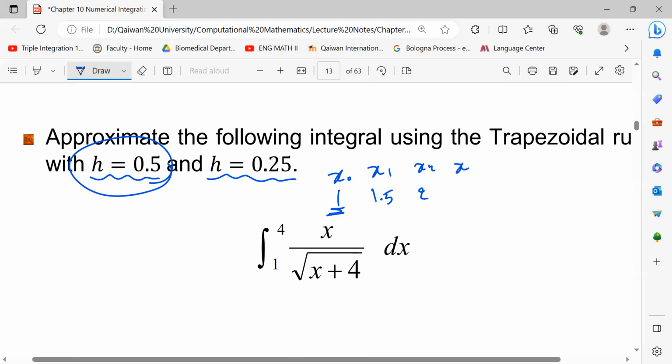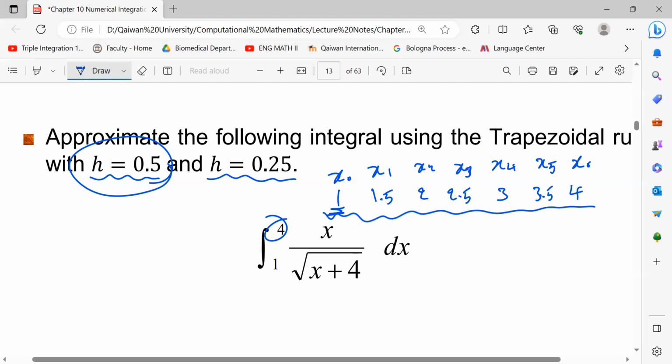Then x3 is 2.5, x4 is 3, x5 is 3.5, and x6 is 4. Look, this is the upper limit of our integration. We stop there. Now we have these values of x, from x0 up to x6.